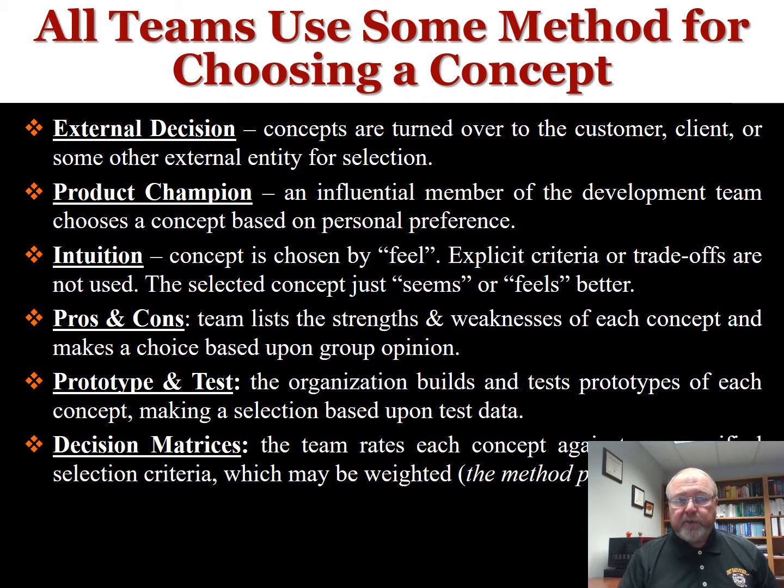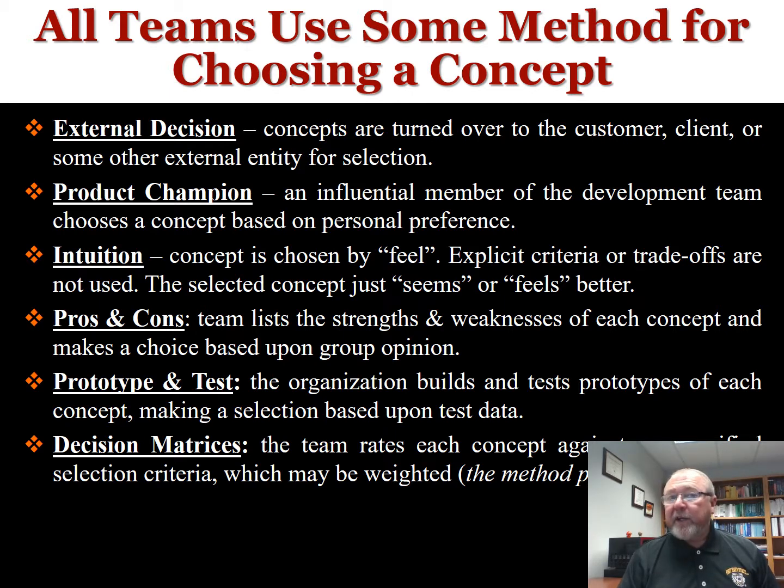Pros and cons. So we list the pros, the things in favor of a concept, or we list the things that run against that concept. And then, based on that pros and cons comparison for a number of different concepts, we try to decide which one to move forward with. I don't know about you, I've used a lot of pros and cons lists every time I've wanted to do something.